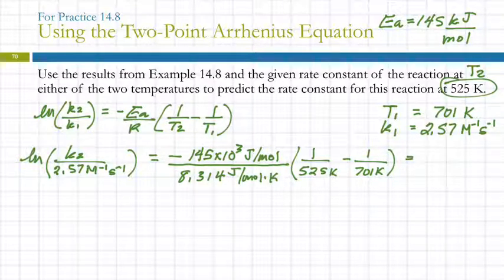So on the right side of the equal sign, I've just got numbers. I don't have any variables, right? So we can find out what the right side of the equation is equal to.